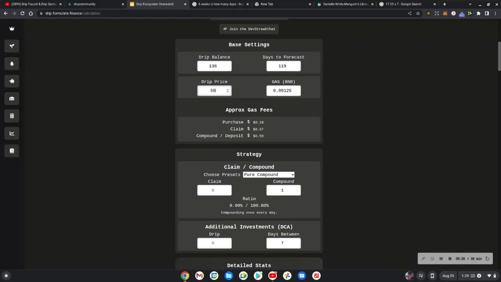Matter of fact, when it was up, he had $70,000 worth of drip on one account. He was getting every day. And then he had $30,000 on the second account. So he was getting $100,000 a day. And 1% of $100,000 is what? Well, wait a minute.